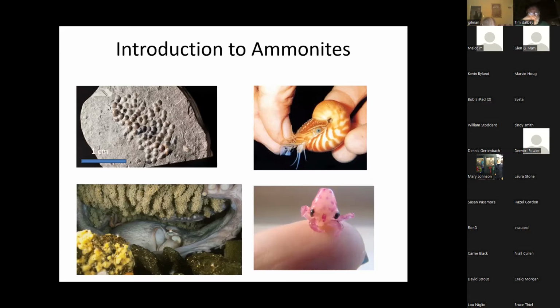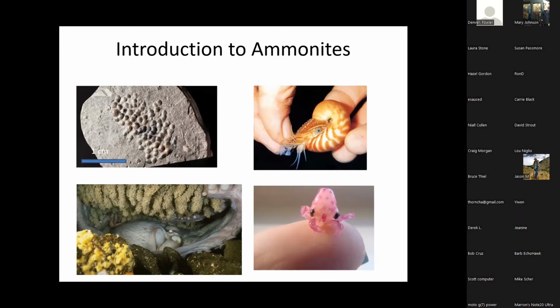The best way to describe ammonoids is they had a live fast, die young kind of strategy. Based on isotopic analyses, most ammonoids probably only lived around 2 to 3 years. That's pretty similar to the life strategy of modern coleoids. In comparison, the nautilus that lives today lives 30 to 40 years. So, a much different life strategy.